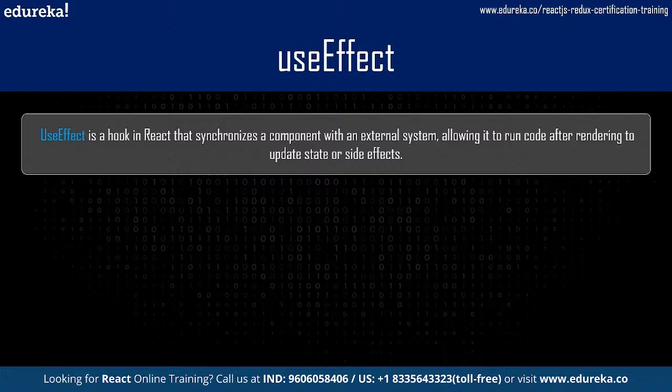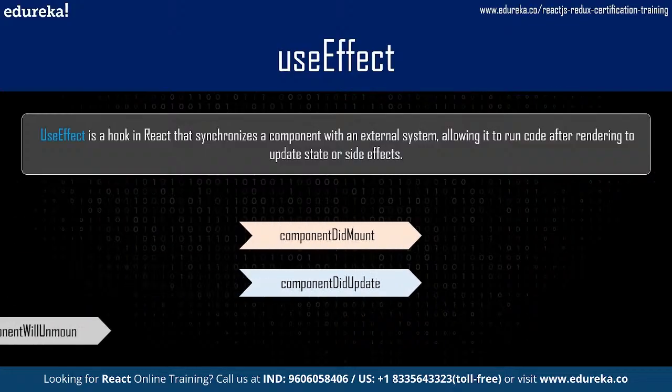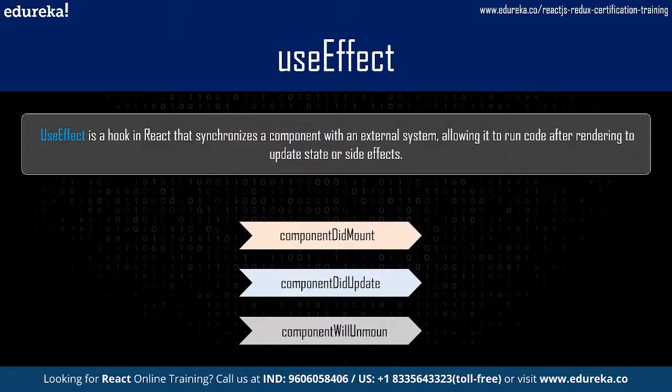Now, when the component is first rendered, the callback function passed to useEffect will be run. This is similar to the componentDidMount lifecycle method in the class component. If any of the dependencies specified in the dependency array change, React will rerun the effect. This is also similar to the componentDidUpdate lifecycle method in the class component.